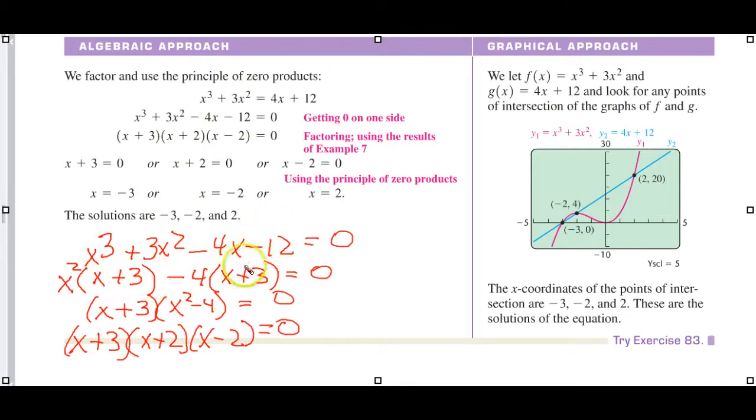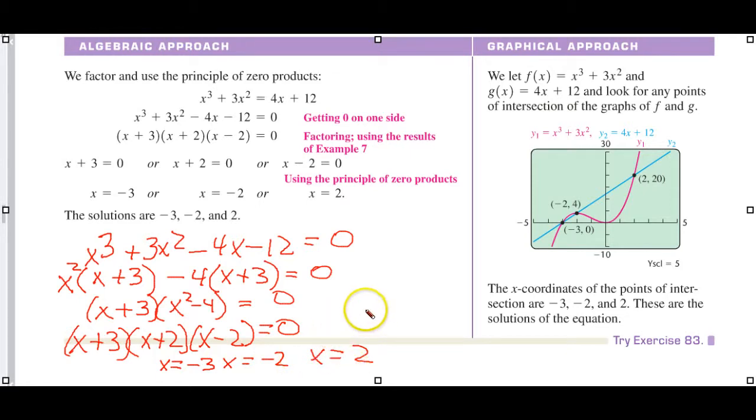I'm going to factor by grouping, take an x squared out of each of these, take a -4 out of this, and then I get x plus 3, and then bring these in. But this is the difference of perfect squares. I will then factor that into their conjugates. Then I get my 3 answers. So x equals -3, x equals -2, and x equals 2.